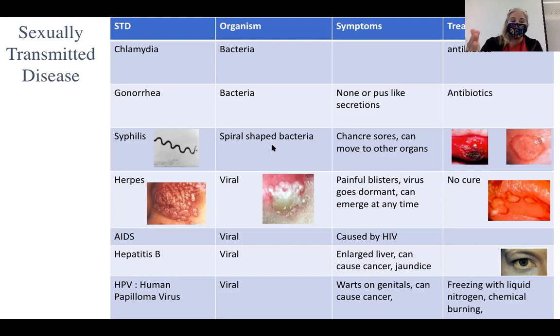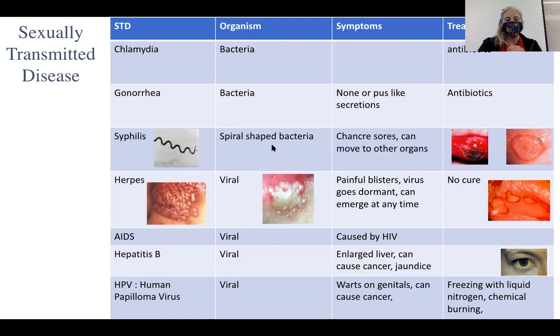And then from there, have conversations with your doctor about what kind of protection is best if you are sexually active. It's very dangerous to choose to be sexually active but not feel comfortable having conversations with your doctor. That can be very dangerous.